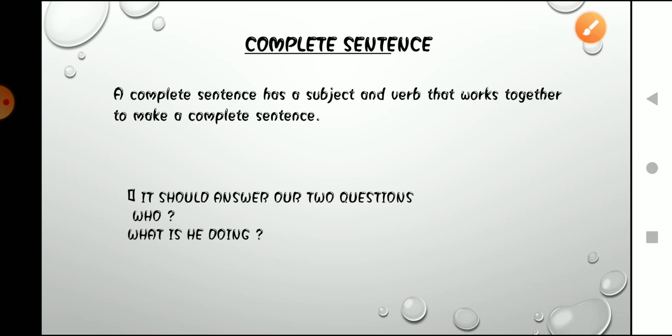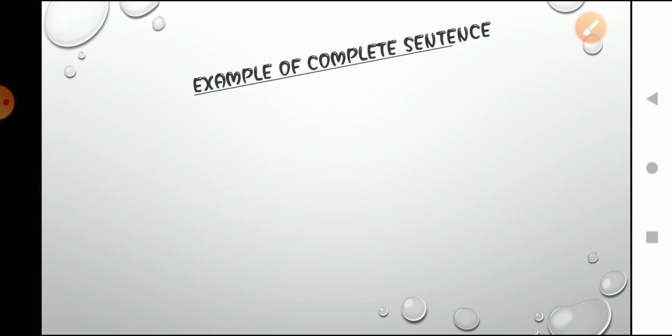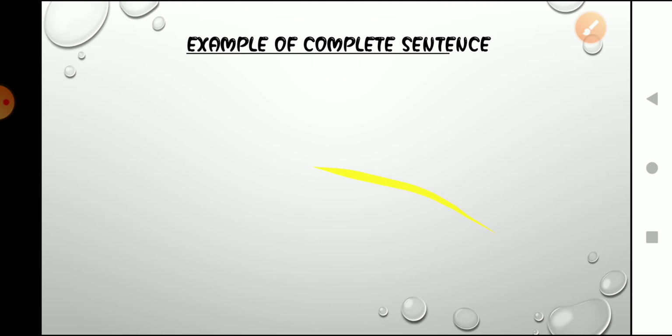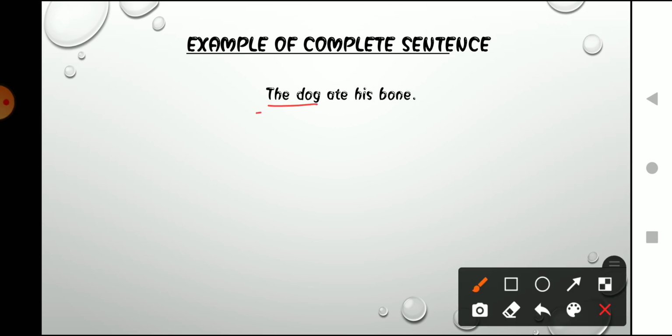Let's understand this with an example. Let's say the sentence is "The dog ate his bone." This sentence has two parts. First is "the dog" and the second is "ate his bone."